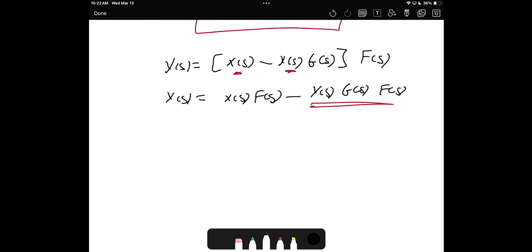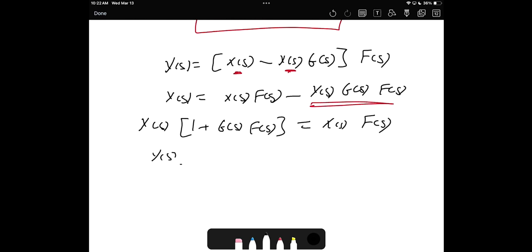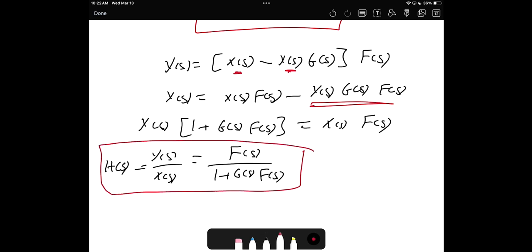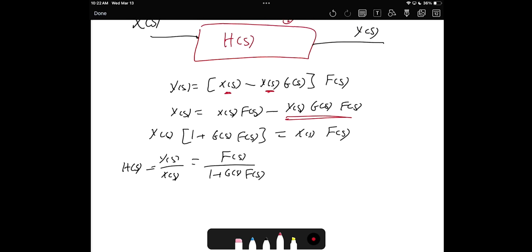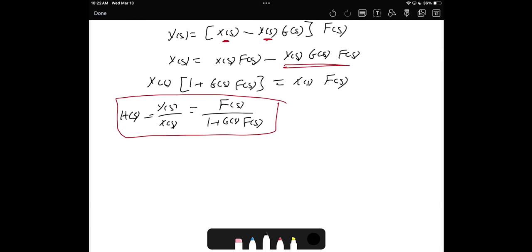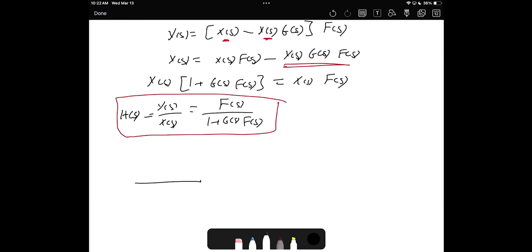Now, we need to find the transfer function, which is y of s over x of s, which is going to be f of s over 1 plus g of s times f of s. And this is again h of s, which is the transfer function, then prop them back. Okay? So therefore, I can say I'm going to replace that system that I drew.